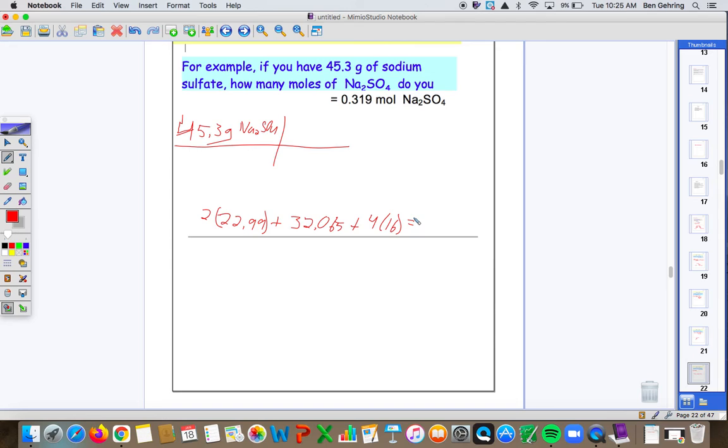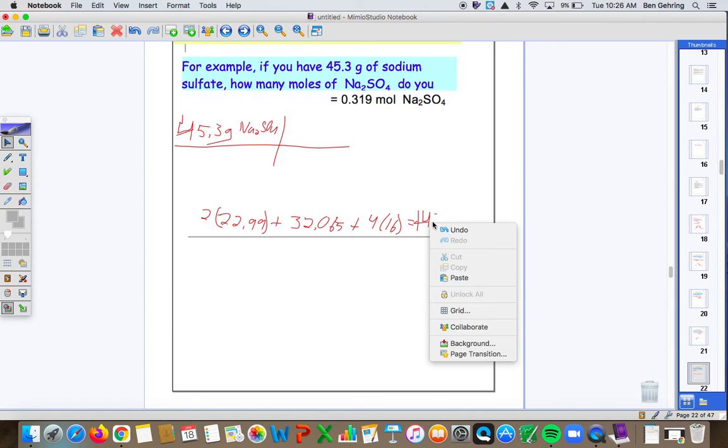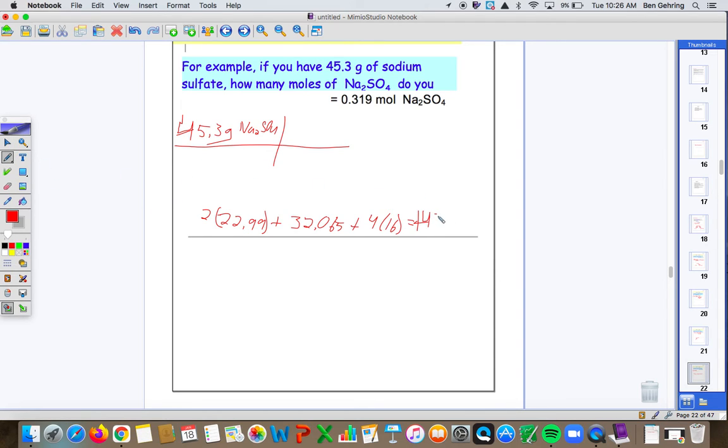If you take 22.99 times 2 plus the 32.065 plus 64, you should get 142.05. And that's grams per mole.